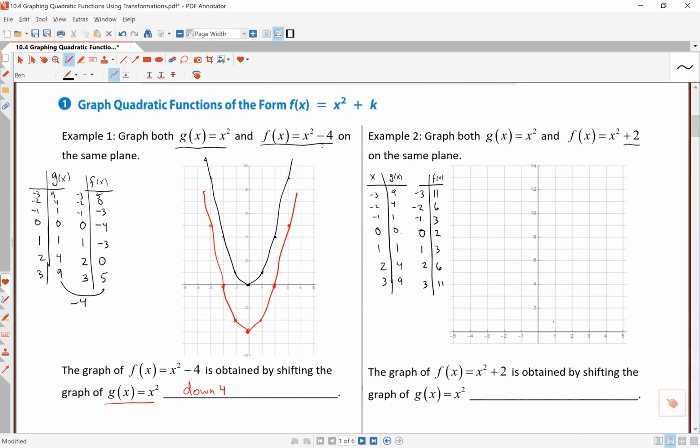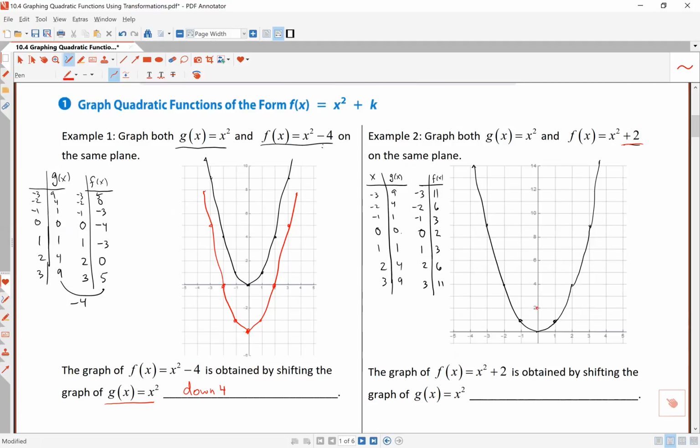So we have the graph of g of x, and now f of x is going to be that same graph, but we're adding 2 to every one of our y values.